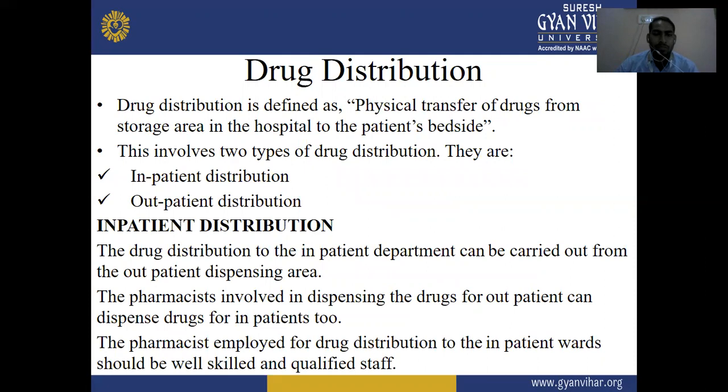Drug distribution is defined as the physical transfer of drugs from the storage area in the hospital to the patient's bedside.